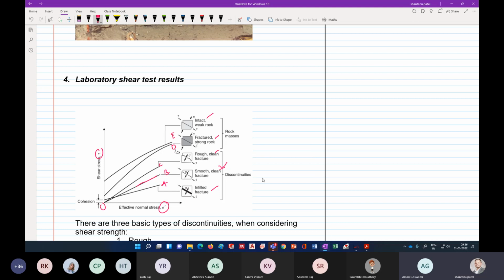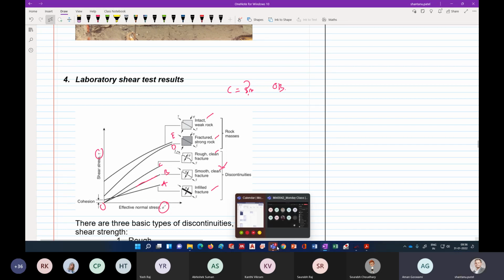So can you tell me what is the cohesion for the smooth clean fracture? Cohesion equal to what? Smooth clean OB line. Can you put it in the chat box? What is the cohesion for this smooth clean fracture?